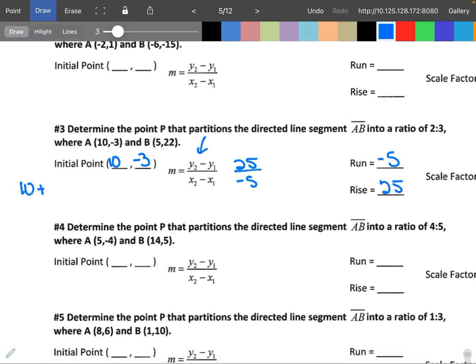I'm going to add the scale factor times the run. Okay, take my initial point plus the scale factor times the rise of 25. And that's going to give me a partitioned point that is 2/5 of the way at 8,7.